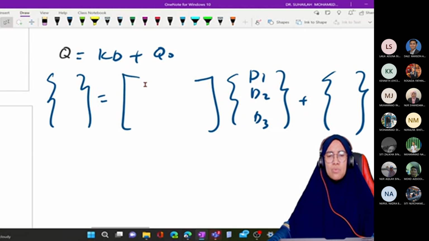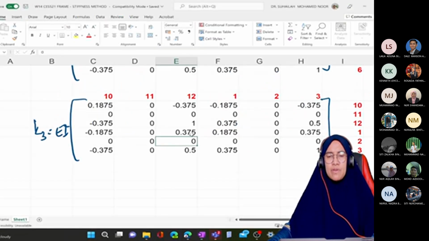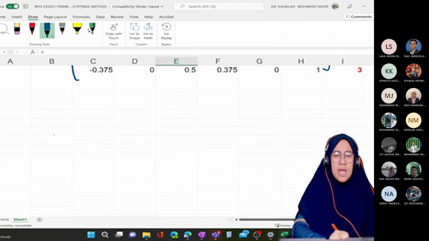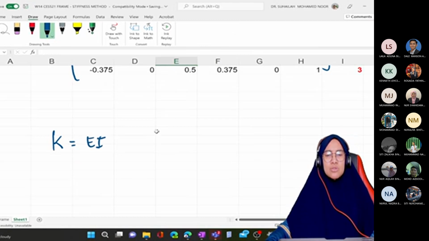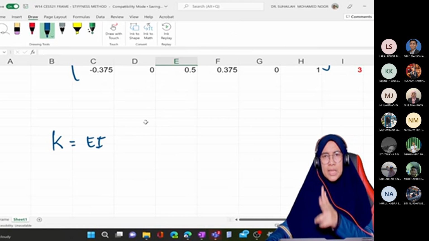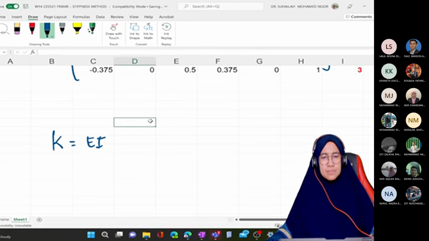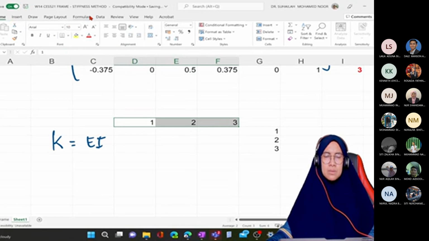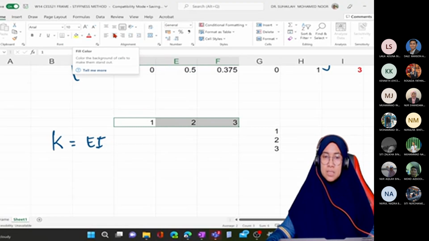K for positions 1, 1 until 3, 3. We refer back to this and produce K in EI. We only want 1, 2, and 3, because we have 3 degrees of freedom in the unconstrained system.